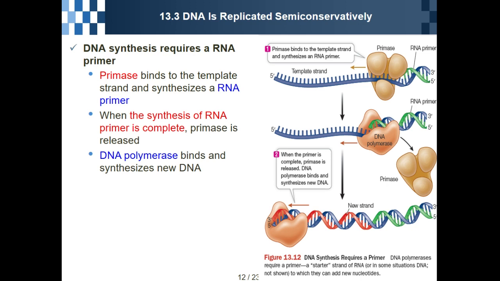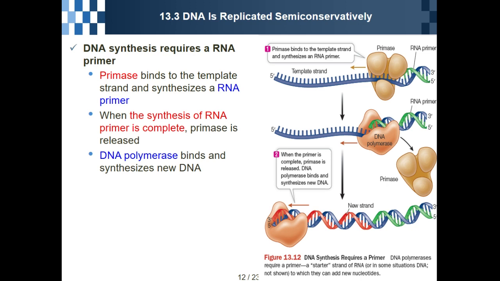The RNA primer is about 10 to 20 base pairs. After synthesis of the RNA primer is complete, primase is released. After that, DNA polymerase binds here and synthesizes the new DNA.